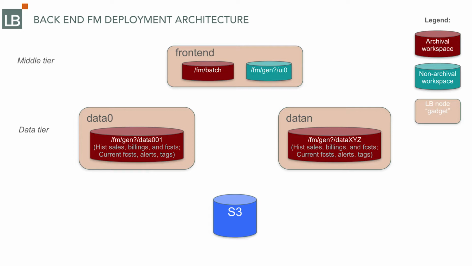And so that data tier level that I'm showing in the diagram actually has multiple nodes. I'm abstracting it by just showing two, but there could be up to 50 or 60 or 100 of these, depending on the size of the data. Each one of them is running the same code, but they have a different partition of the data that they're responsible for. And each one of them is running a web server that's hosting services that answer queries or do updates.